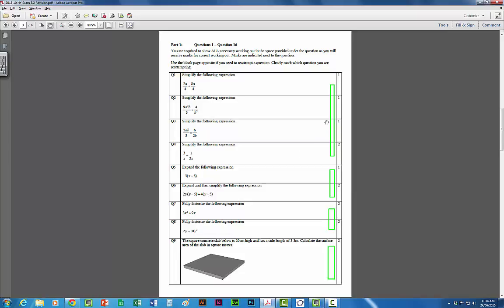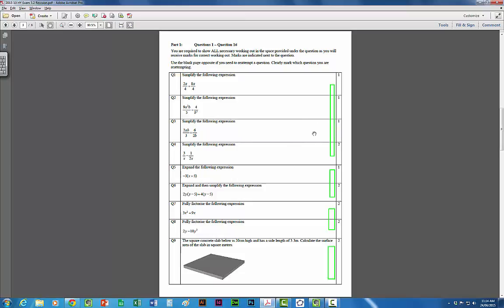When you open it in Chrome or your internet browser, these green boxes aren't going to come up. I'm not sure why that happened, but that's just how it is. So what you need to do is save it to your USB or to your school drive or your Google Drive, wherever you're saving it, and open it with Adobe Reader or Adobe Acrobat. If you open it with that, these features are enabled.